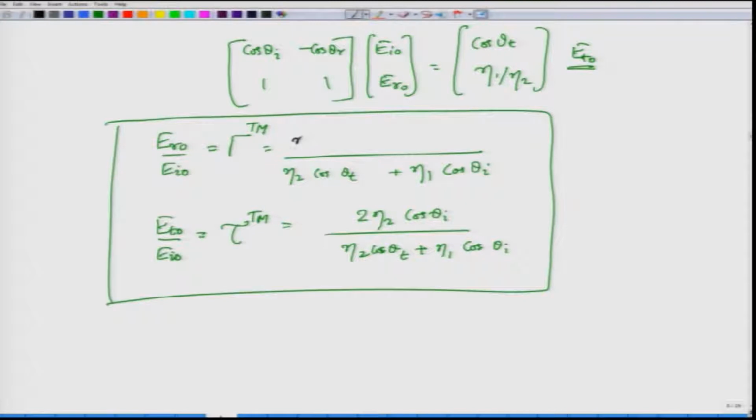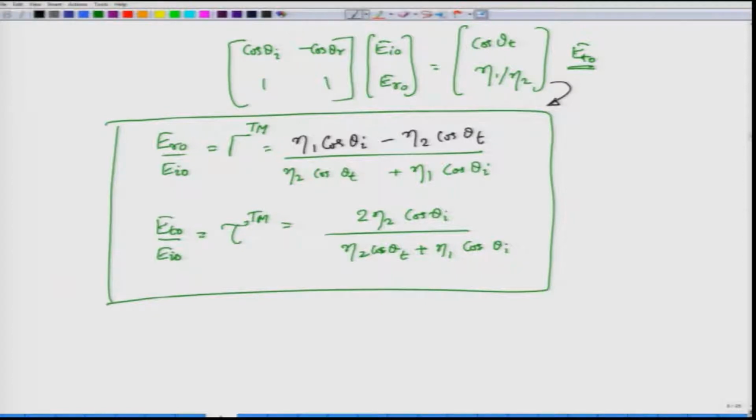So, what we actually have, please note that this is the correction. Of course, this was left as an exercise from the matrix to obtain this equation. And if you have done it correctly, then you should actually obtain this equation. So, eta 1 cos theta i minus eta 2 cos theta t is the expression for transverse magnetic polarization.